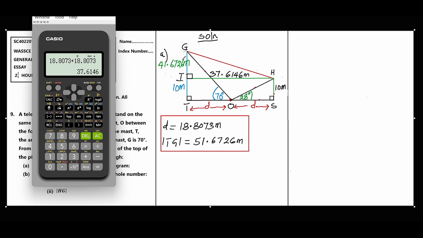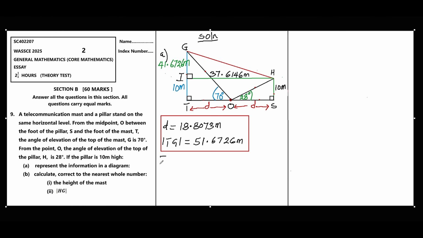Once we know two dimensions of the right angle triangle, you can simply apply Pythagoras theorem to calculate the remaining side. So from Pythagoras theorem, remember we are referring from triangle HIG.